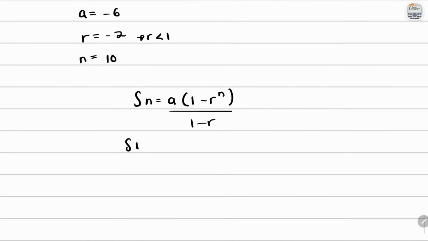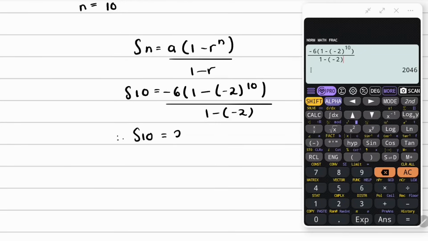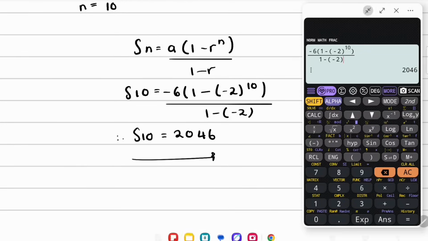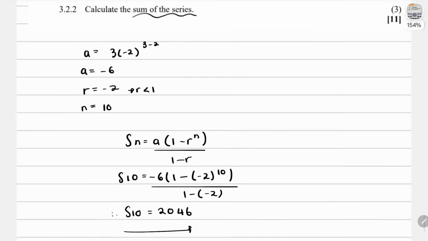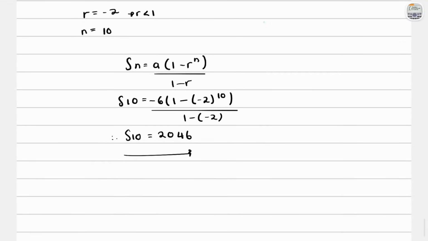So the sum of 10 terms is equal to negative 6 multiplied by 1 minus negative 2 raised to the power of 10, and then 1 minus r, which is 1 minus negative 2. And let's go ahead and find out what the sum of 10 terms gives us. The sum of 10 terms is 2046. And that is our answer. And that is it for this question, and that is it for question 3.